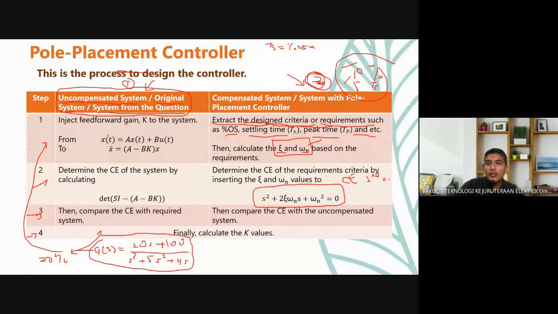Every time we talk about the characteristic equation of the second order, we always refer to this equation: s squared plus 2 zeta omega n s plus omega n squared. Because you already have zeta, the damping ratio and natural frequency, you just replace them into this equation and then you can get the characteristic equation of the composited system.